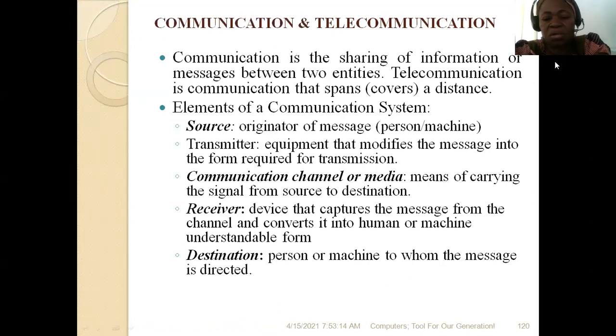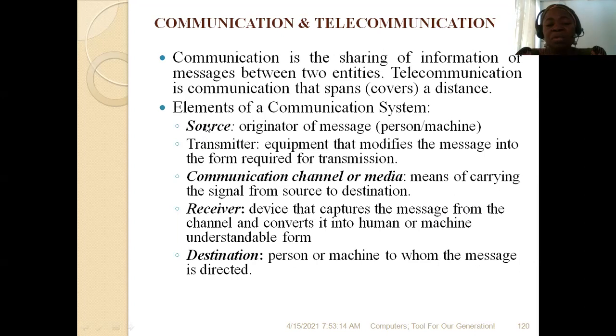No, sorry, there are 5. I was just wondering, because I know there's a transmitter. You have the source, the transmitter, the communication channel or media, the receiver, and the destination. Sorry, I should have made the transmitter bold.